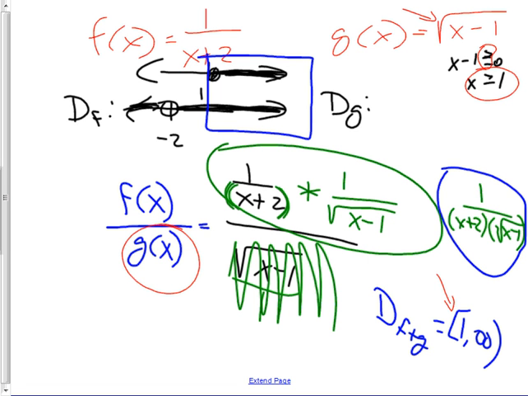All right. So when we take this domain and we say, okay, you're saying that everything in here works, including the 1 doesn't actually work. Because when we put the 1 in, we'll have a 0 on the bottom. So how should I change this? Just a little bit. A parenthesis on the 1.